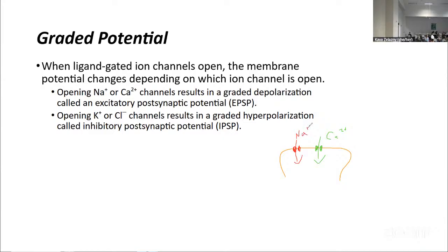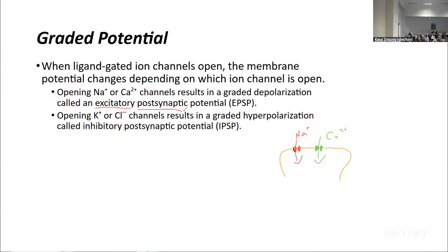All right, so this is causing depolarization, and it makes it more likely that this postsynaptic neuron is going to fire off its own action potential, which is why we would call these excitatory, because we're going to be more likely to fire off an action potential. And then we're going to describe where this membrane potential is.